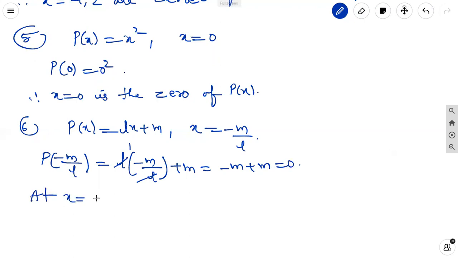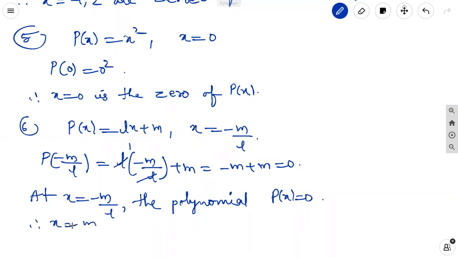At x equal to minus m by l, the polynomial p of x equal to 0. Therefore, x equal to minus m by l is the zero of p of x.